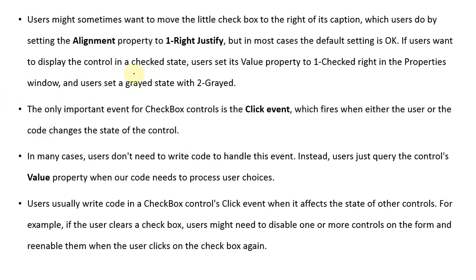Users might sometimes want to move the little checkbox. So you can change the caption, and you can change the alignment, right justify, so that the checkbox symbol will be moved rightwards. Similarly, the only important event for the checkbox control is the click event, meaning whenever the user clicks on it, the checkbox will be selected or deselected.